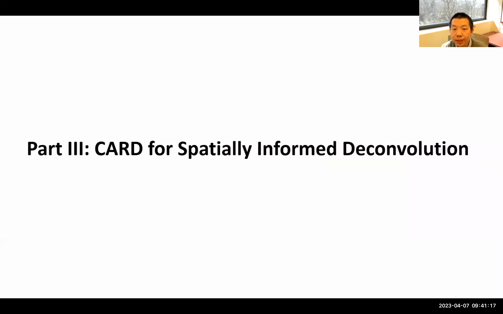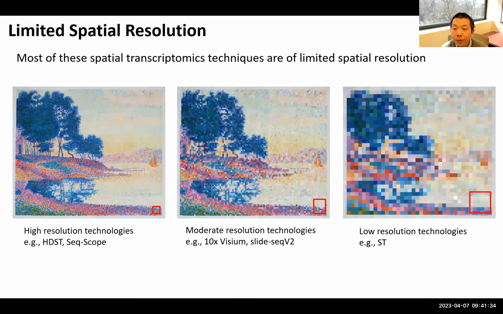Okay. So SPARK and SPARK-X basically try to identify genes that show spatial expression patterns. Now the next part we're going to talk about, method CARD, is for a different type of analysis. It's for cell type deconvolution. The motivation is that many spatial transcriptomics technologies have relatively limited spatial resolution.